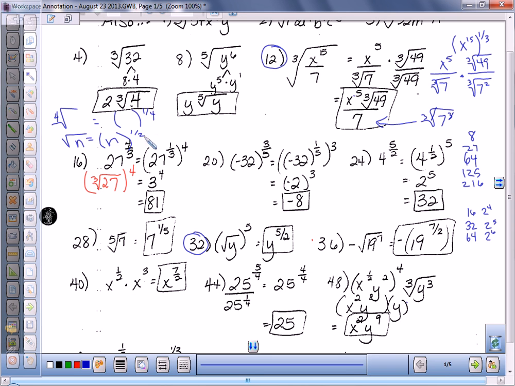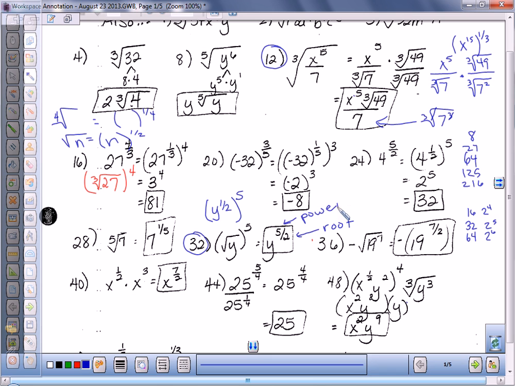So here, this square root of y to the 5th could be written as y to the 1/2 raised to the 5th. Power to a power we multiply, and this is what we get. Now remember our shortcut yesterday, this is the root, this is the power.